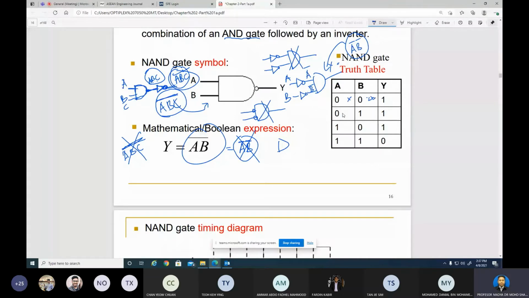For example, 0 multiplied by 0 will be 0 here, so invert will be 1. So the output will be 1. Then 0 multiplied by 1 is 0, then invert 0 will be 1. Then 1 multiplied by 0 will be 0 here, invert will be 1. This is the truth table for the NAND gate.